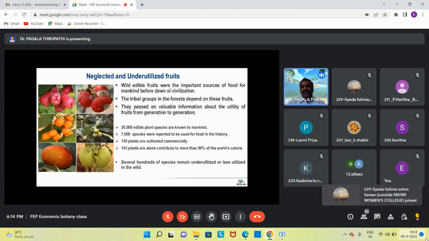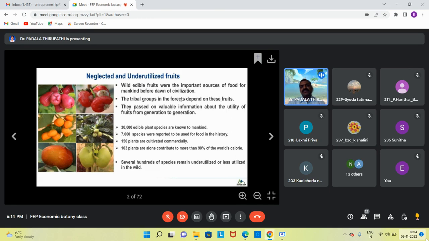So these wild edible fruits were an important source for mankind before the dawn of civilization. Before civilization, ancient human beings lived in caves and in forests, in different forest regions across India and the entire globe.